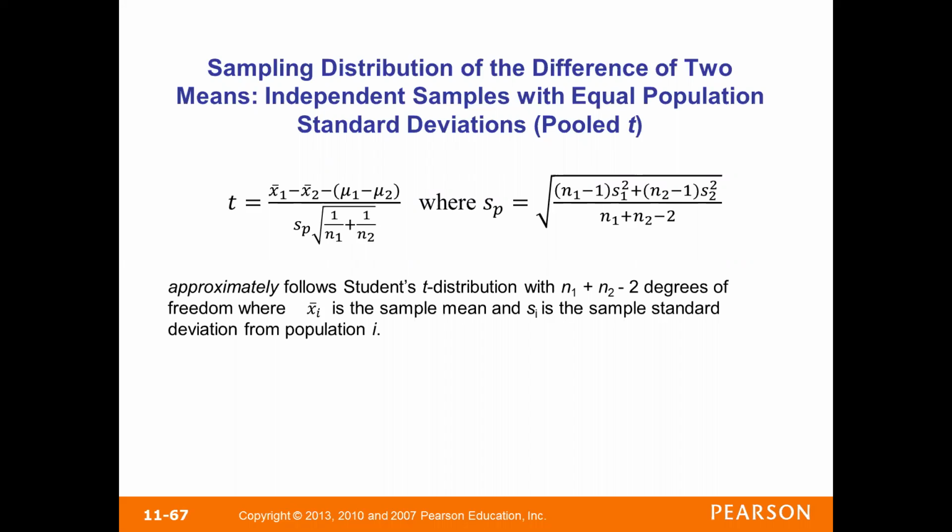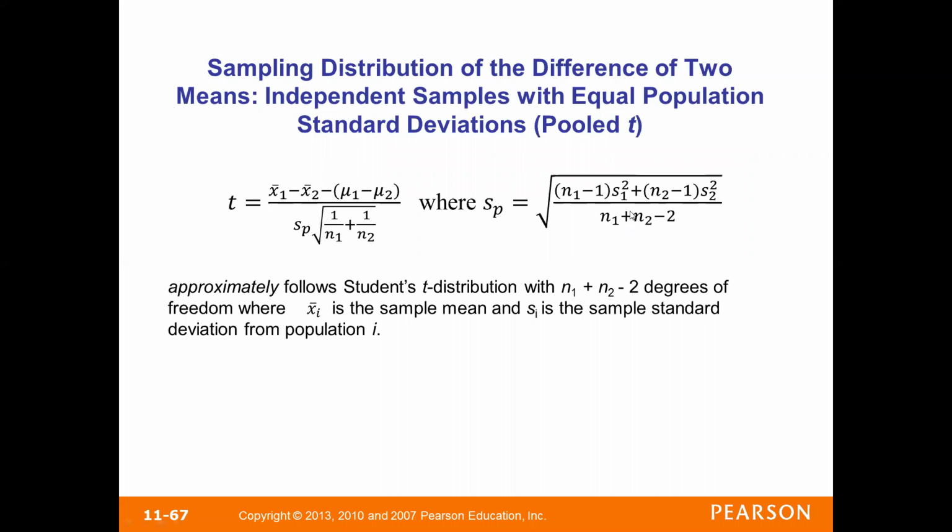The test statistic uses the same information we had before, except on the bottom we now have a pooled estimate of variation. And that pooled estimate is a weighted average of the two variances for the samples. Why are we doing this?